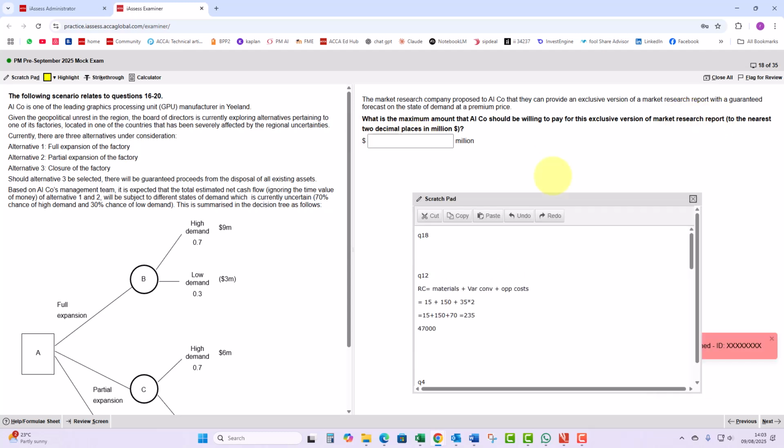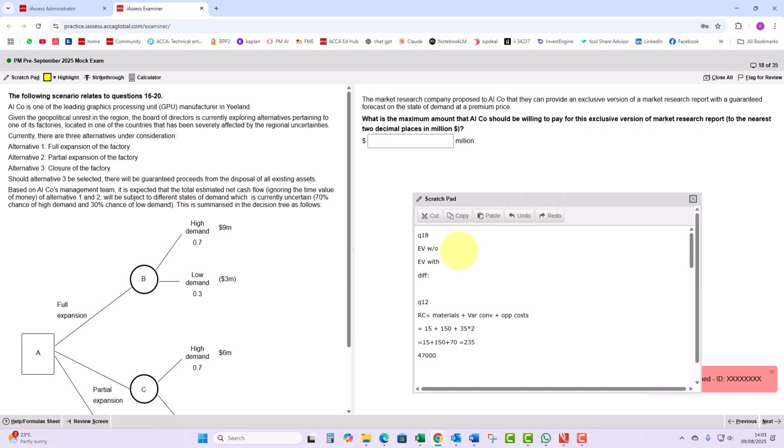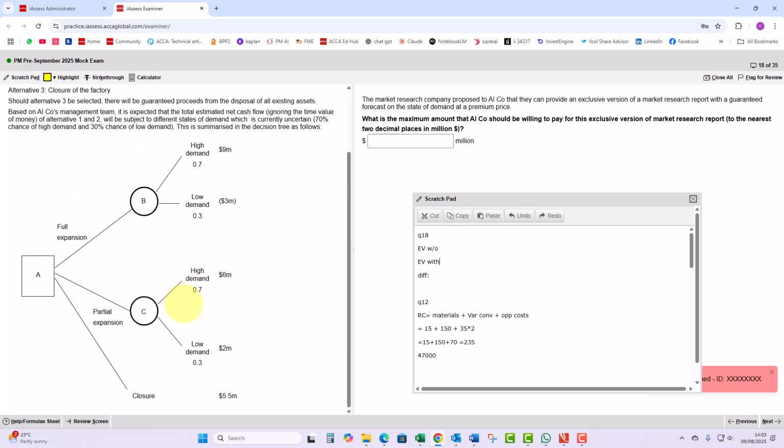This is a value of perfect information question, and we calculate the expected value without perfect information and the expected value with, and the difference is the maximum amount we'd be willing to pay for that information. So the expected value with is worked out by what we would do if we knew what was going to happen. So this research report will tell us whether demand is high or whether demand is going to be low.